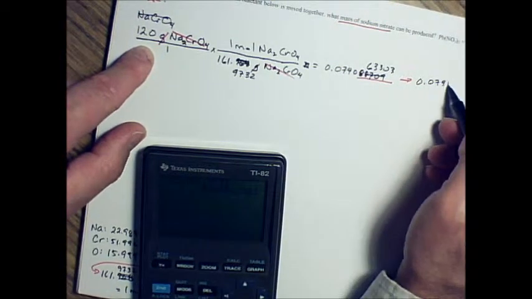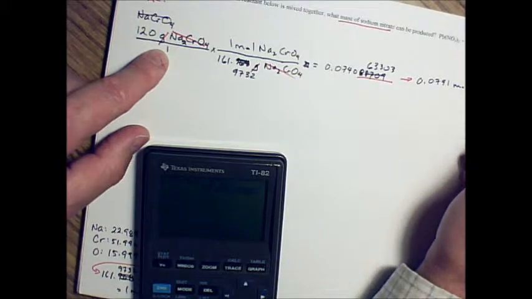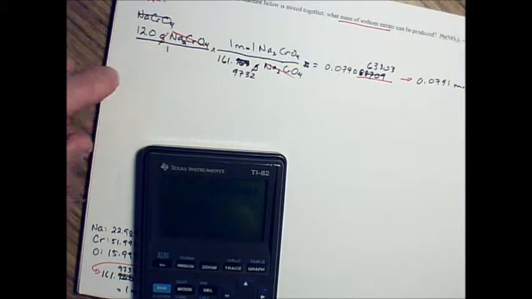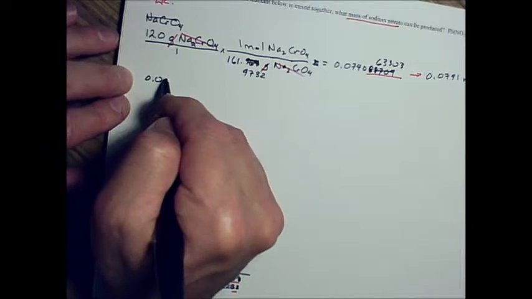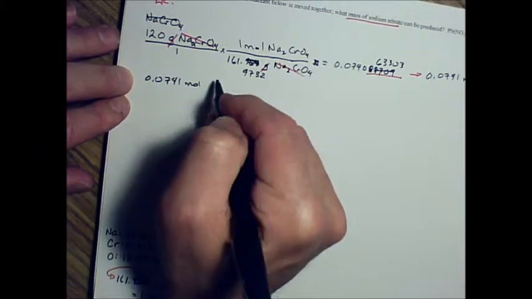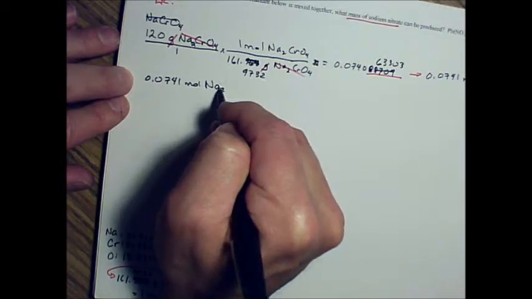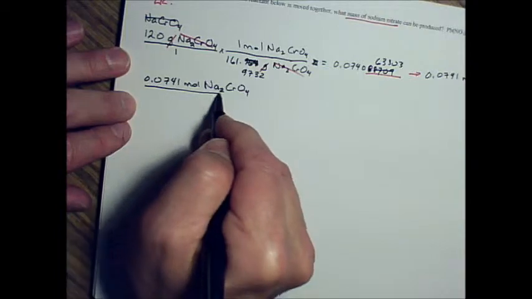The 8 makes this round up to a 1: 0.0741 moles of Na2CrO4. That becomes a new starting amount. Put it over 1.